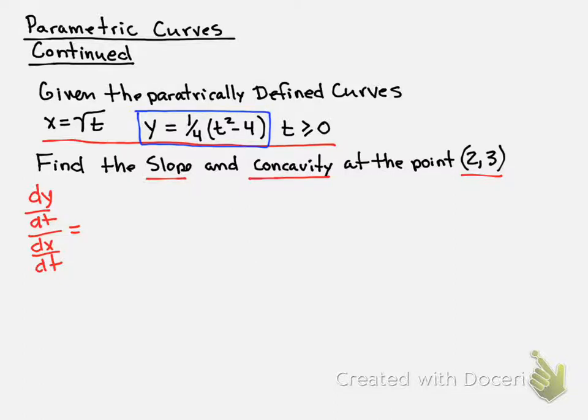And so I will have 1/4 times the derivative of t squared, which is 2t, minus 1/4 the derivative of 4, which is 0. So we're really just going to have 1/4 over 2t, which simplifies to t over 2.